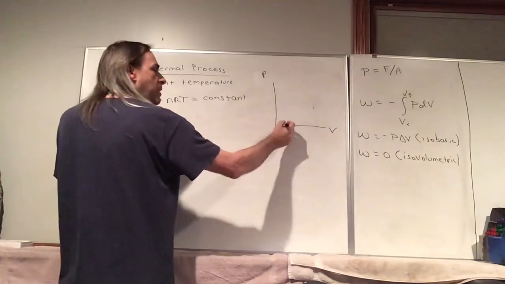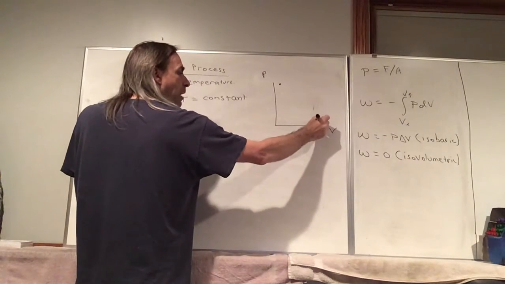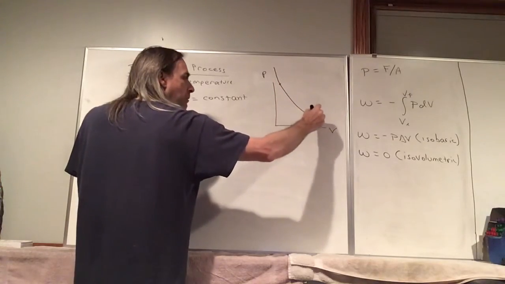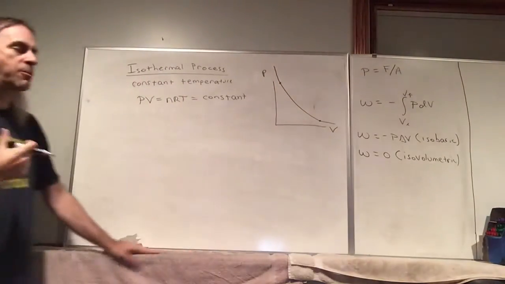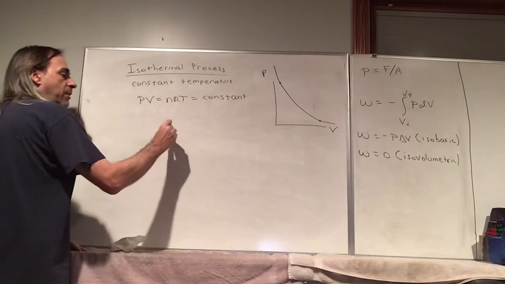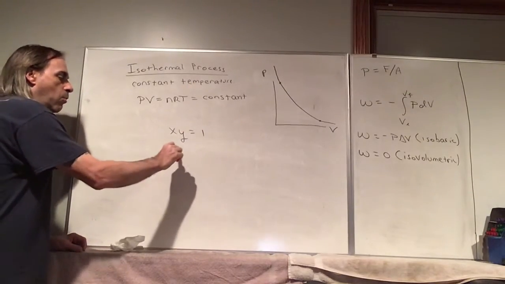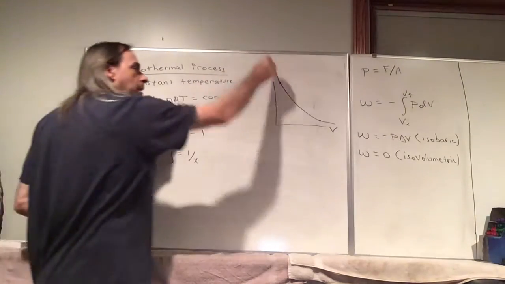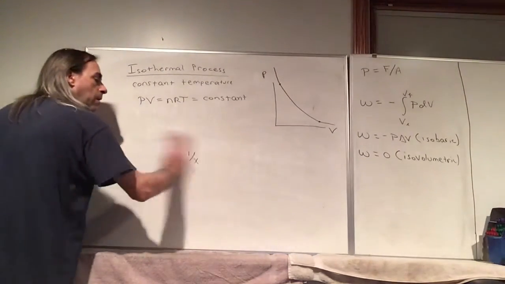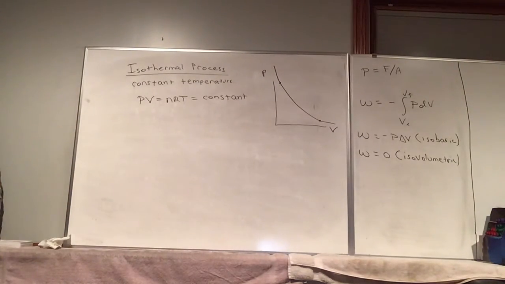So if the volume is small, the pressure has to be high. If the volume is high, the pressure has to be low. And we're going to get a curve that looks like this. Specifically, this is a hyperbola. Mathematically, if you have the simplest example, xy equals 1 or y equals 1 over x, it looks like that. And so that's what an isothermal process looks like on a PV diagram.